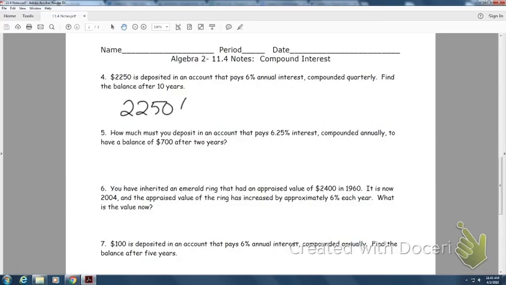So on number 4, this is the equation that you should have gotten. And on that one, you should have gotten $4,081.54.